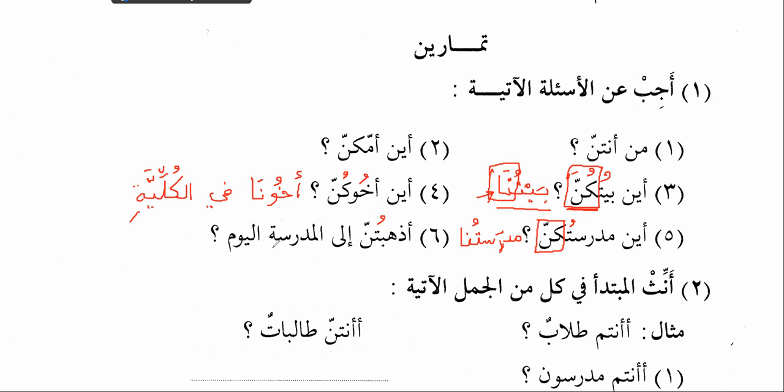أذهبتن إلى المدرسة اليوم? What will you say? نعم. You can say in a positive answer, or you can say in negation also. So we will do the positive answer. Naam. Now how are you going to say we went to the school today? Naam. First the verb.